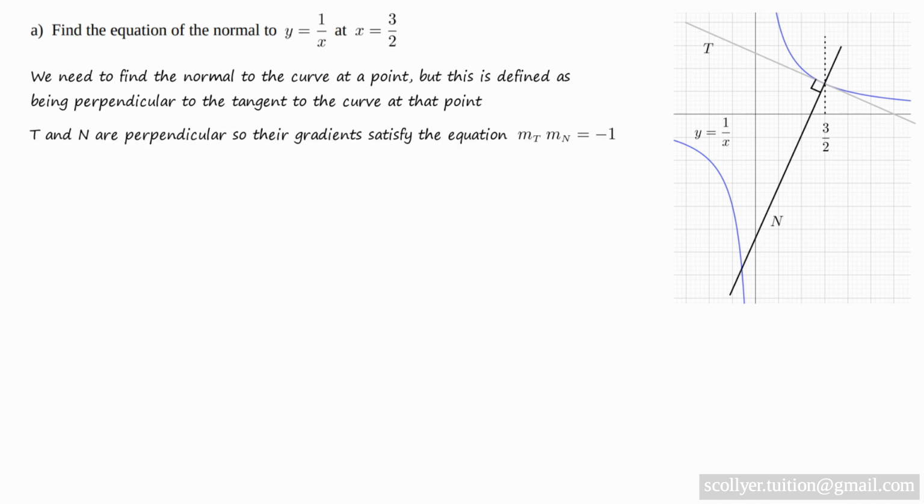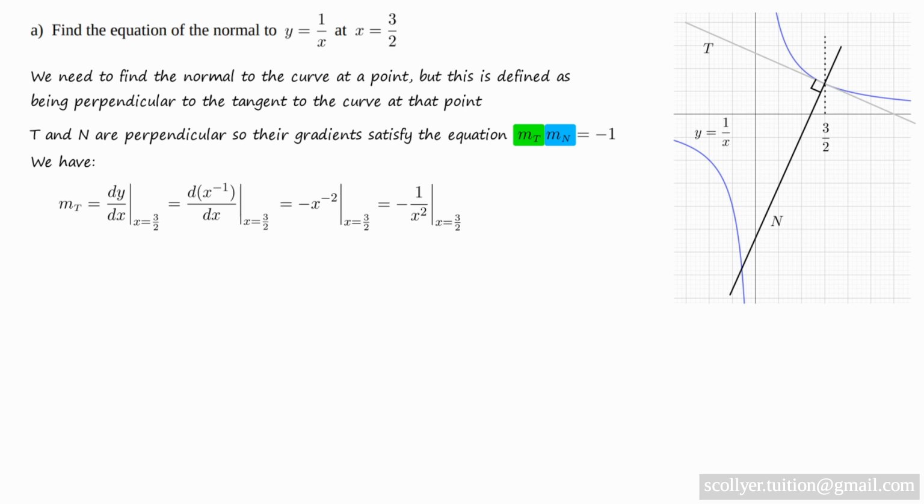Now t and n are perpendicular, so their gradients satisfy the equation mt times mn equals minus 1, where mt is the gradient of the line t, mn is the gradient of the line n. mt is given by dy by dx evaluated at x equals 3 over 2, which is d of x to the minus 1 dx evaluated at x equals 3 over 2, which equals minus x to the minus 2 evaluated at x equals 3 over 2, which is the same as minus 1 over x squared evaluated at x equals 3 over 2, which finally turns out to be minus 4 over 9.